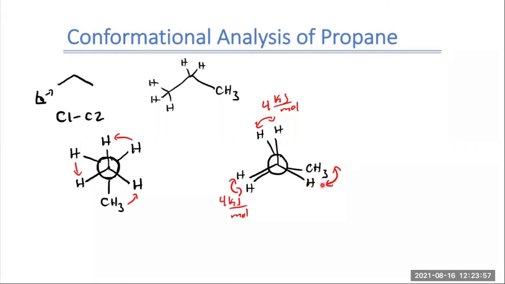That CH3 H interaction should probably be larger than 4 kilojoules per mole because CH3 is a larger group. So it's going to cause more torsional strain because it's larger. It's harder to move around that. Again, if you have your model kit and you make a model of propane and you try this, you can see it's a little bit harder. You can occasionally get that CH3 to kind of hit the hydrogen if you try.